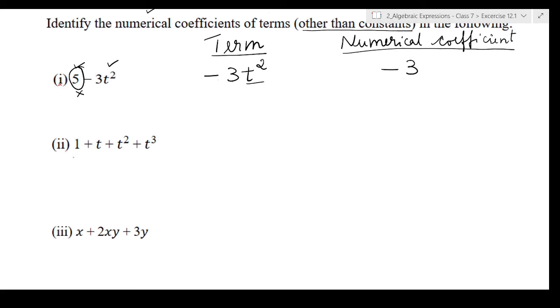Now, how many terms are there in this expression? It is 1 plus t to the power 2 plus t to the power 3. So we have 1, 2, 3 terms.